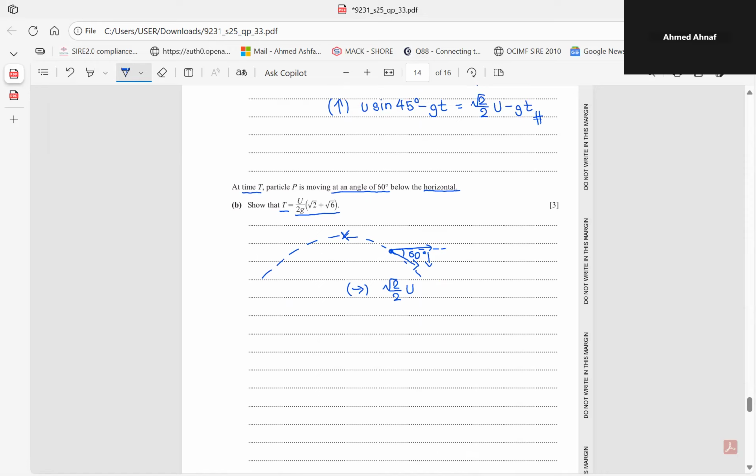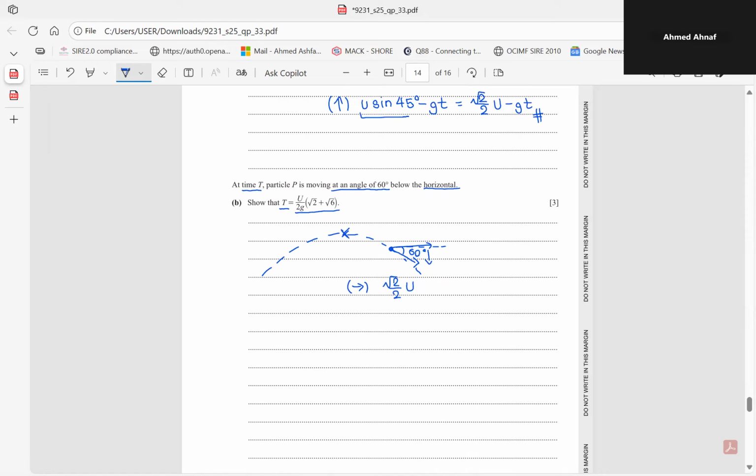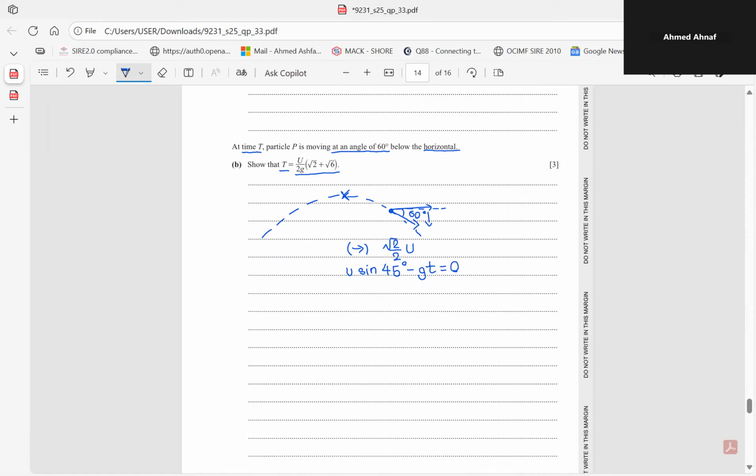So to do that, you take this expression and solve for t by equating it to 0, because at the highest point the vertical velocity is 0. Okay, so you get gt equals square root 2 over 2u, and then t is just square root 2u over 2g.